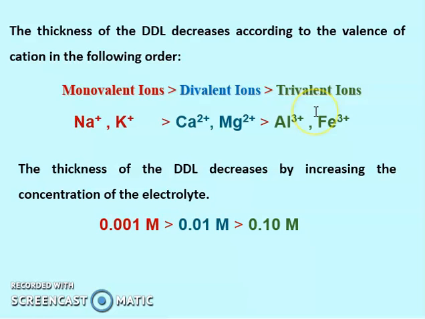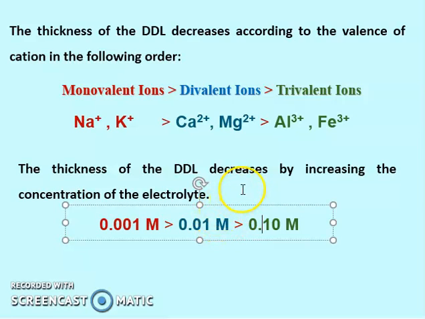The compaction of the double layer occurs with increasing valence and ion concentration, and the thickness of the double layer also increases by increasing hydrodynamic diameters. Okay.